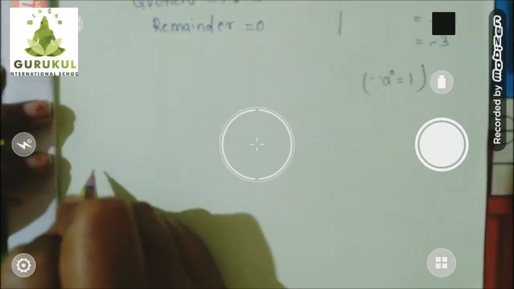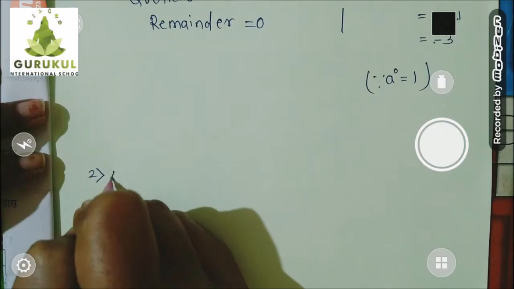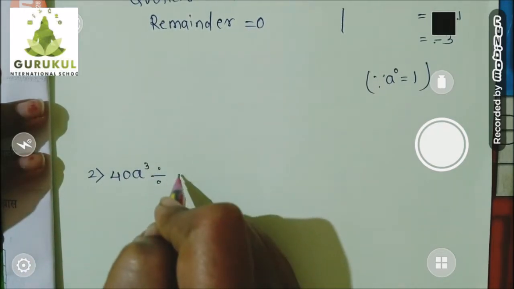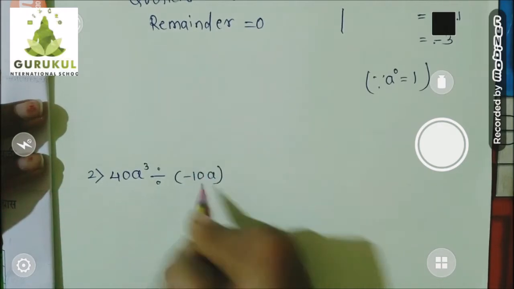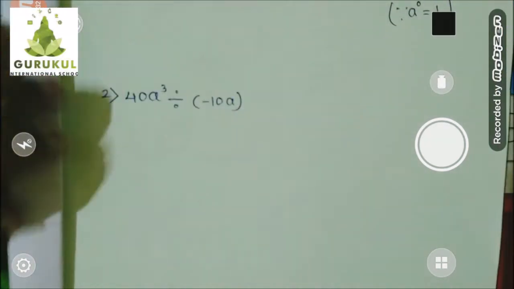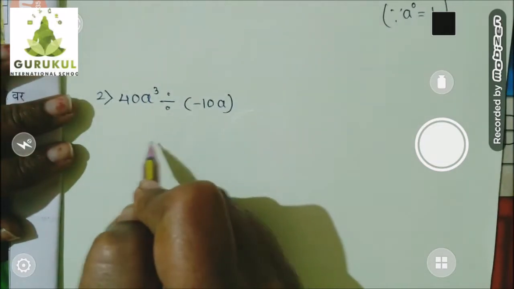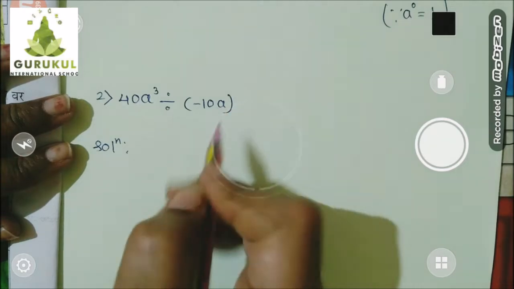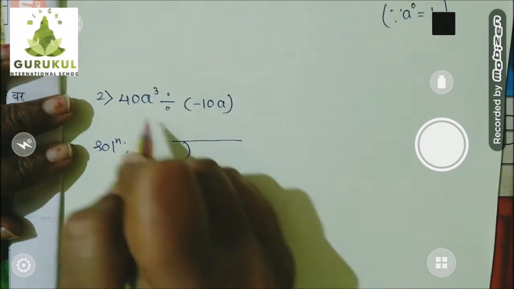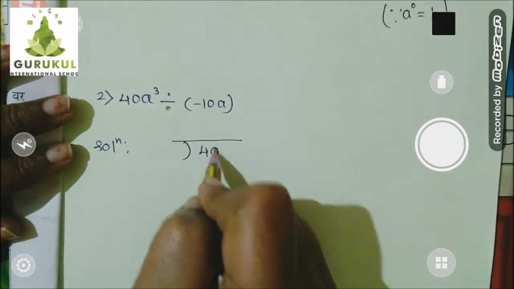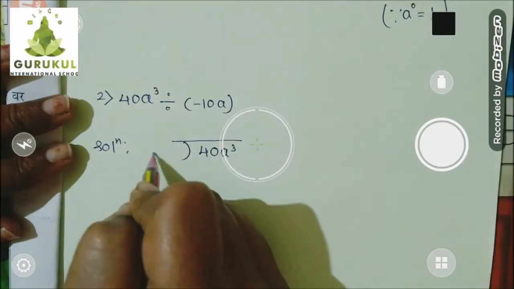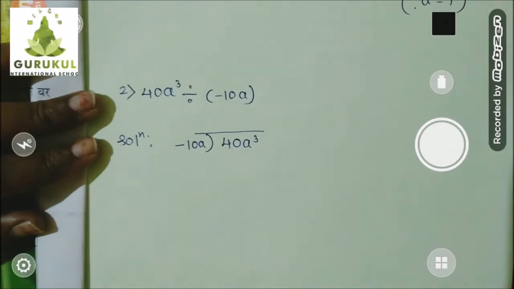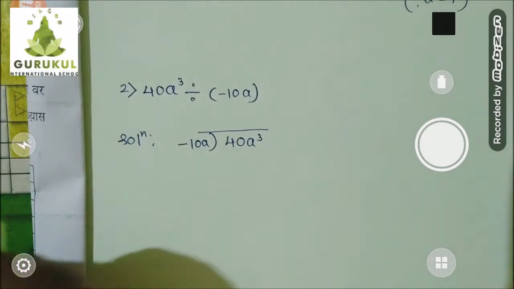Now I will take the second example. 40a cube divided by minus 10a. Okay. Now you know very well how to write it down. This is the dividend, this is the divisor. So while writing, this to be written to the right hand side and this over here. After that, what I will do, children?